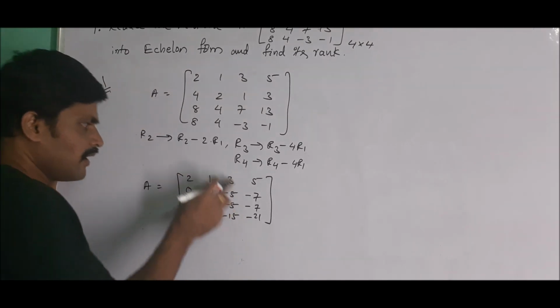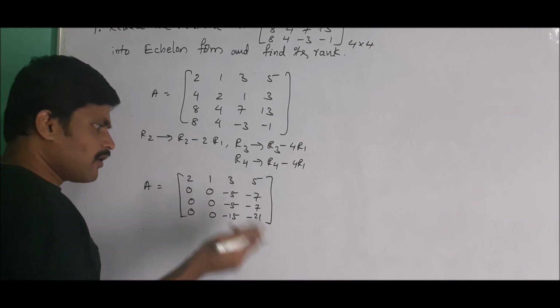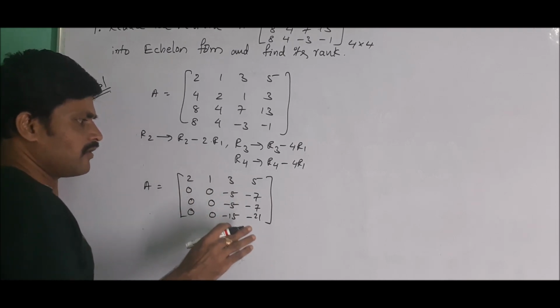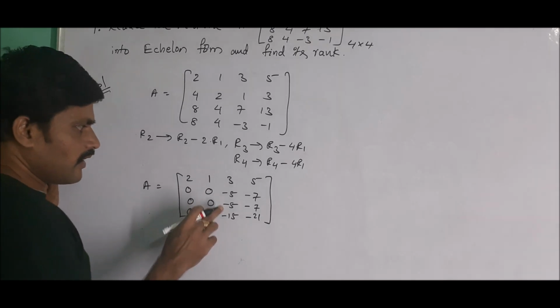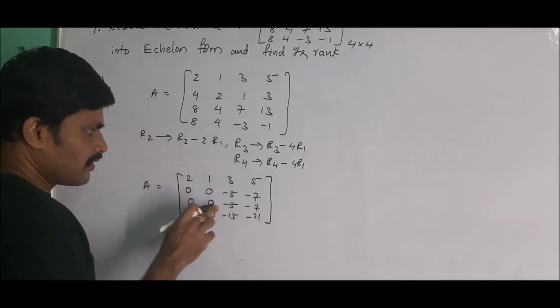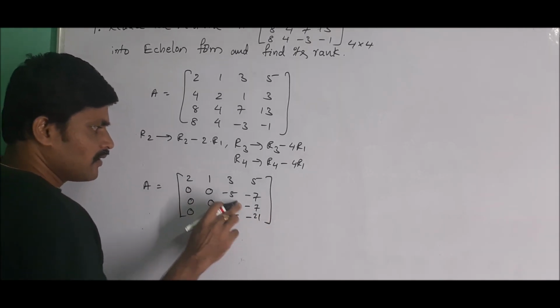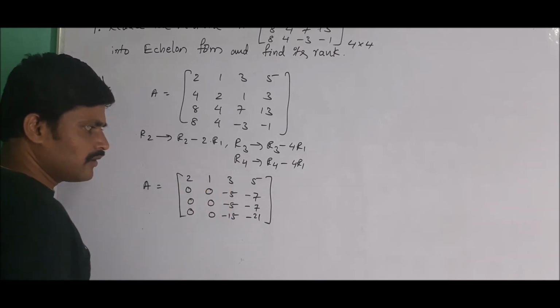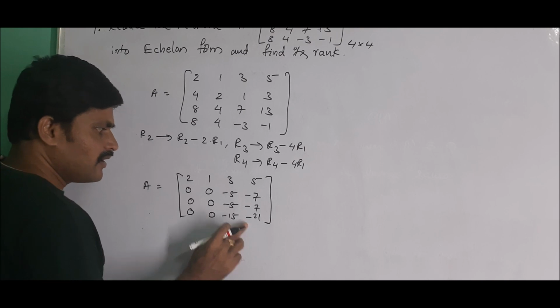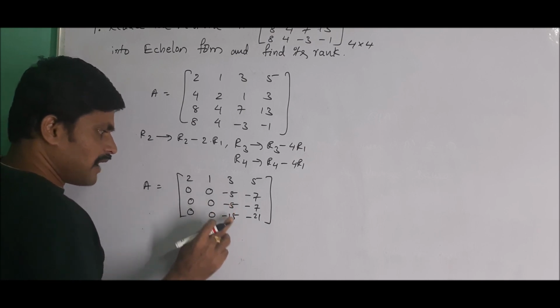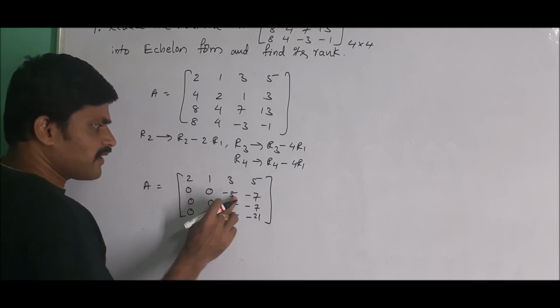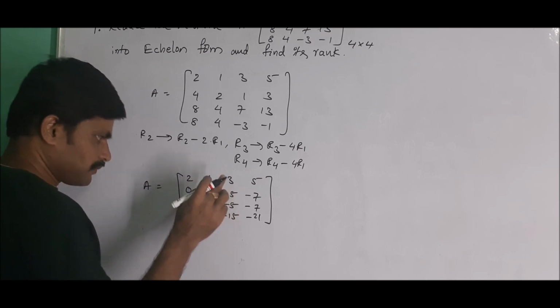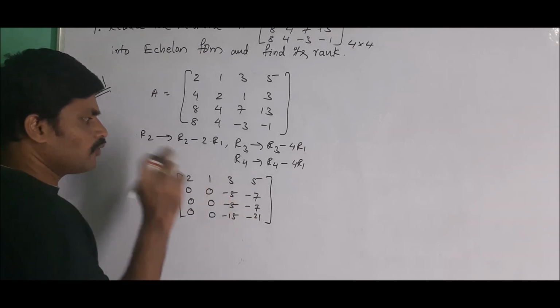Similarly, for the remaining, we check whether more elements are zeros or not. So, here using two operations. The second row is used to change the third row, and similarly the fourth row.